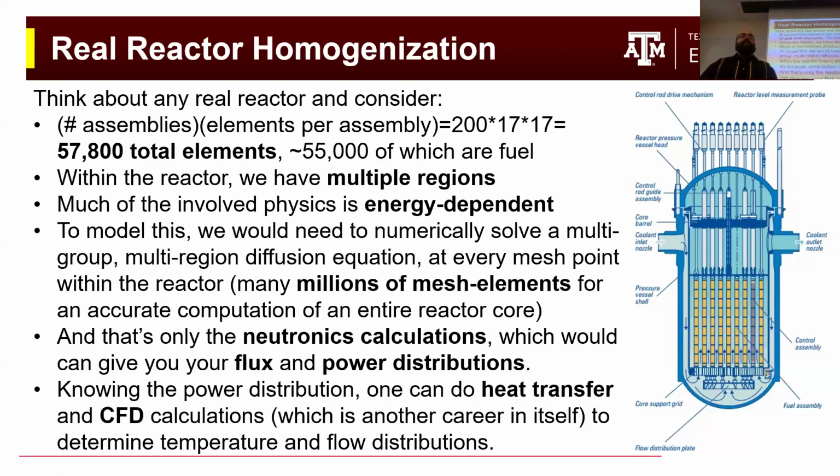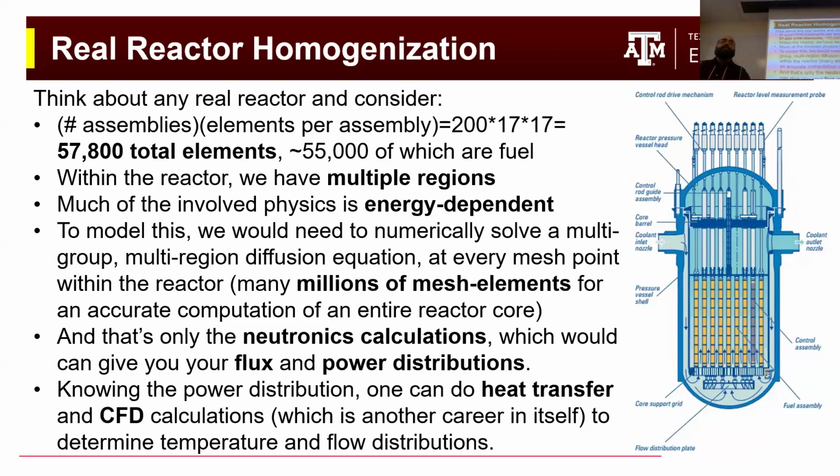You're going to end up solving multi-group diffusion equations in each piece. And if you break 55,000 fuel elements up in a computational tool, you're going to end up with millions of individual cells that you're solving equations on. So an accurate computational analysis of a whole reactor is a massive computational undertaking.